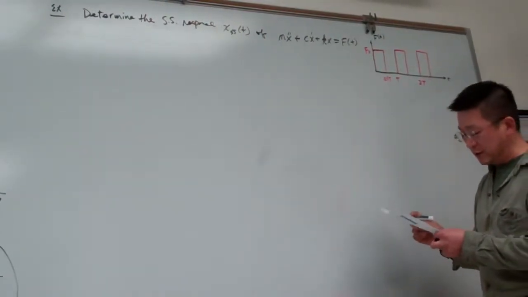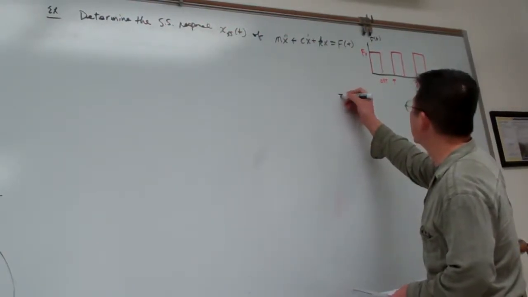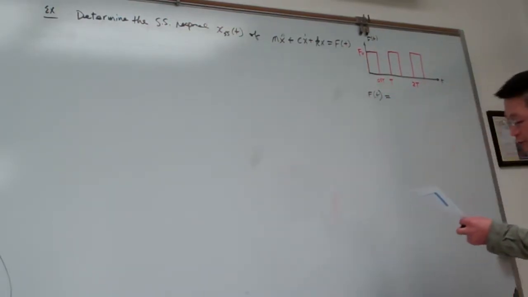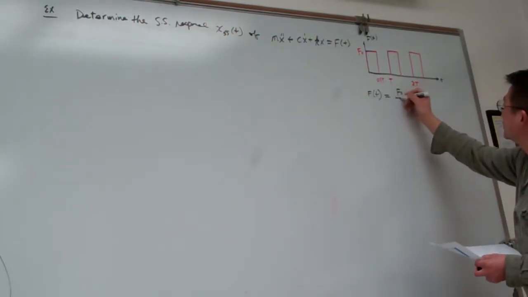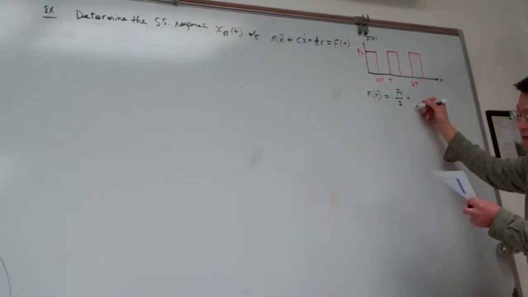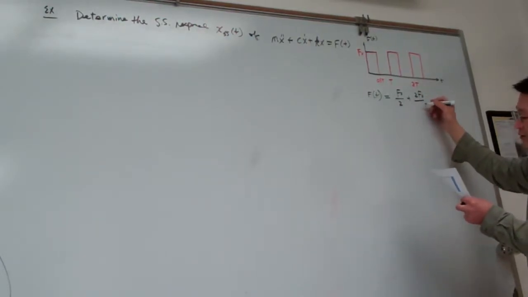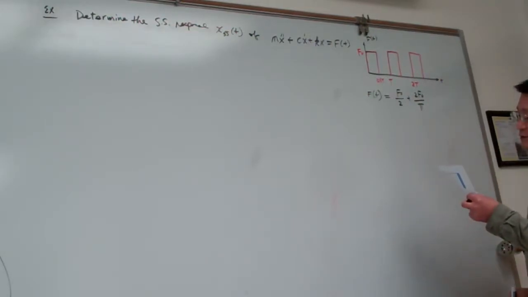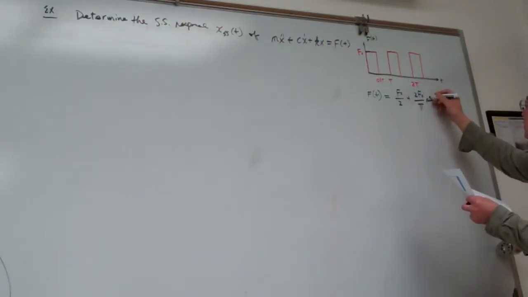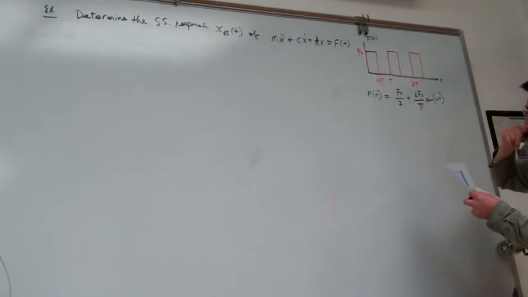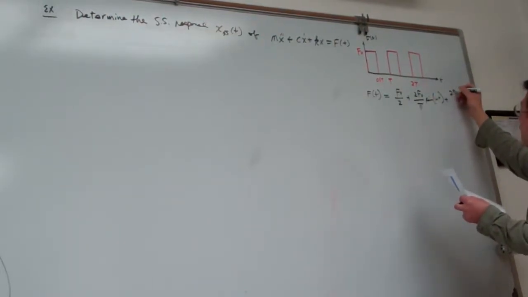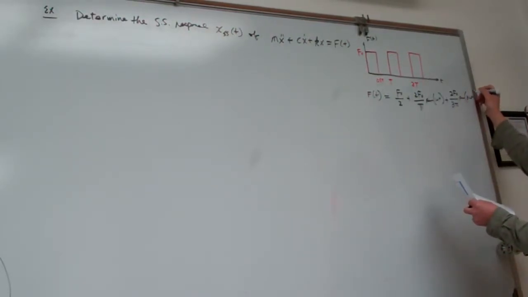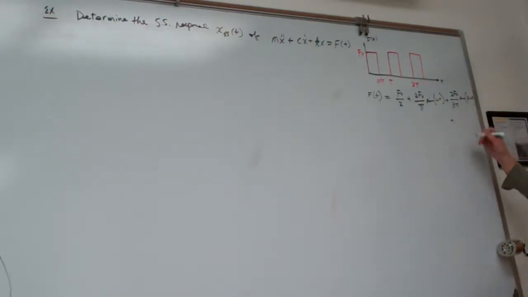So for this one, if we apply it, then f(t) will be equal to F0 divided by 2, plus 2F0 divided by pi, sine omega t, plus 2F0 divided by 3 pi, sine 3 omega t, and then plus the higher order terms.